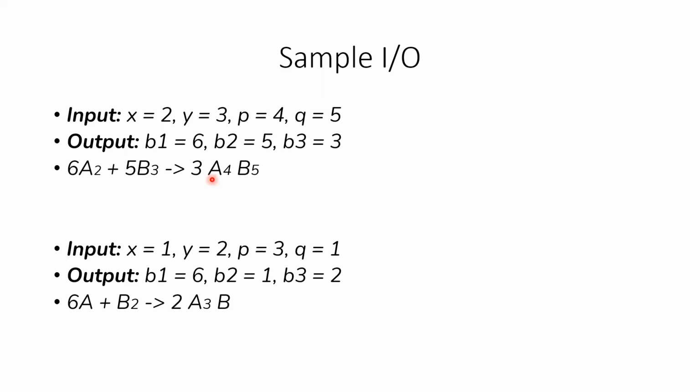So we have already balanced the A value, the element A. Similarly, 5 into 3 for B and 3 into 5 for B, which comes out to be the same, 15 on both sides. So this is how we balance the equation.